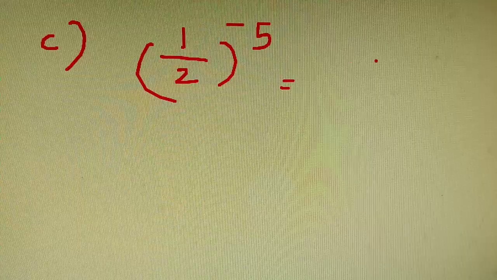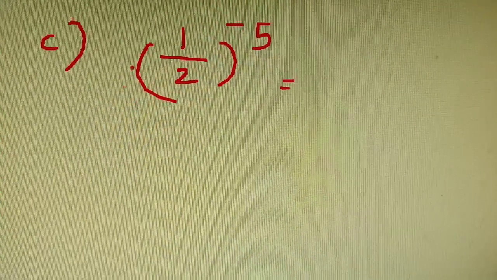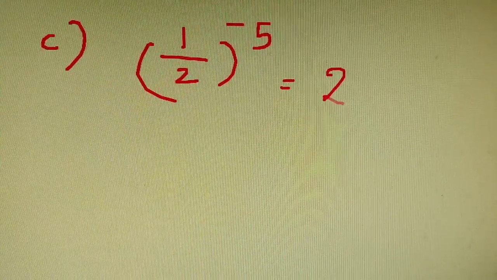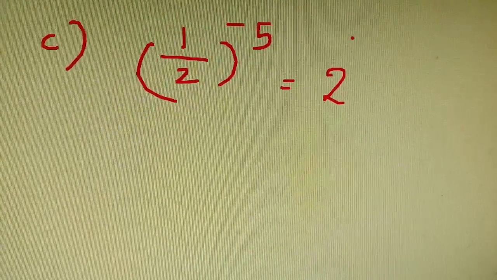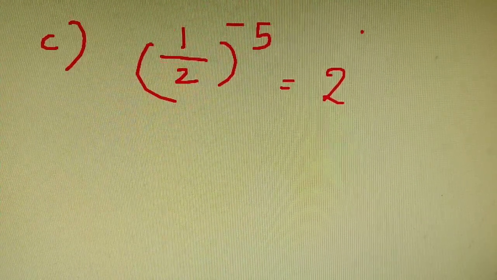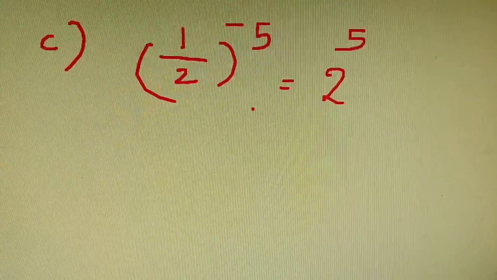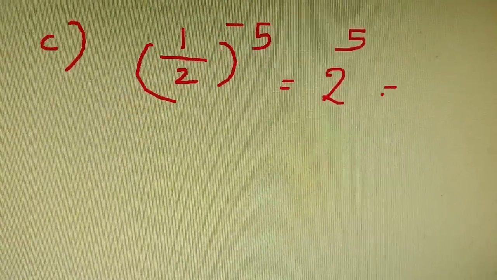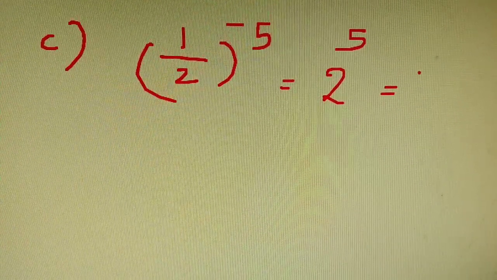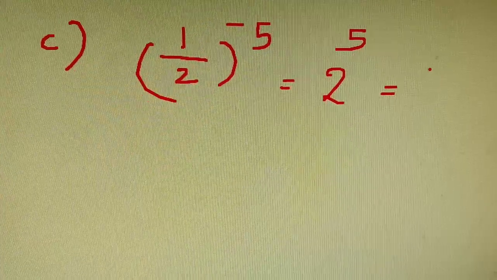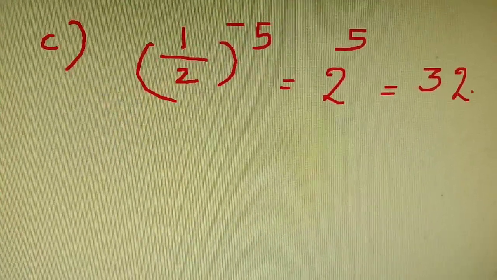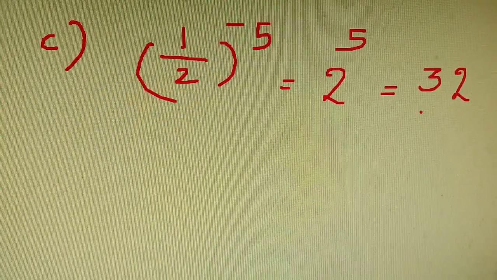So reciprocal of 1 by 2 is 2, then positive exponent of negative 5 is positive 5. So the answer is 2 to the power of 5, that is 32. 2 multiplied 5 times. Answer is 32.